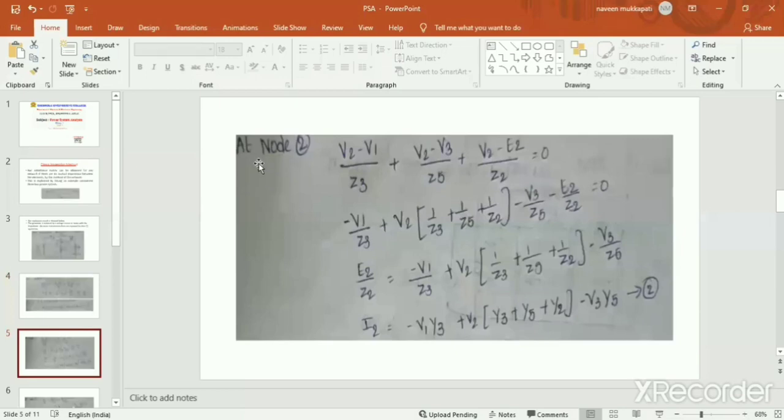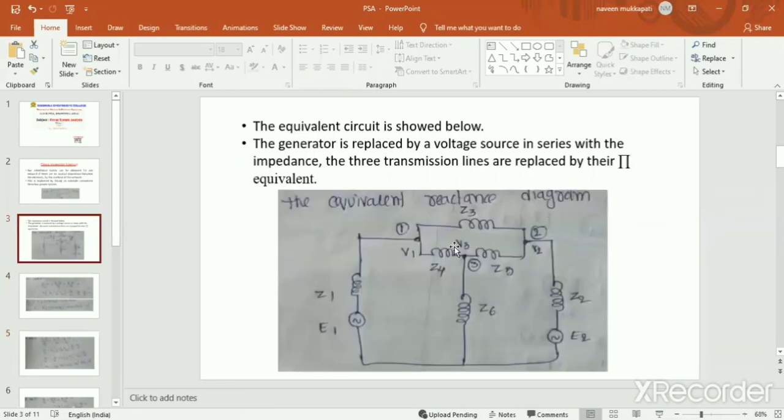Same as that, apply KCL at node 2. This is node 2. What is that equation?